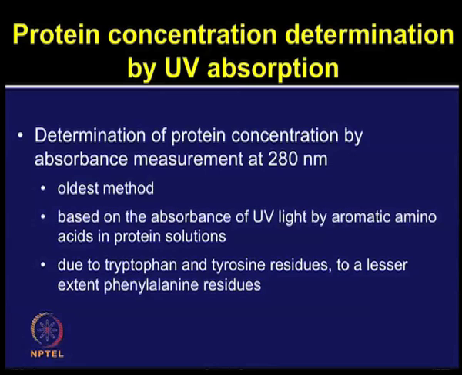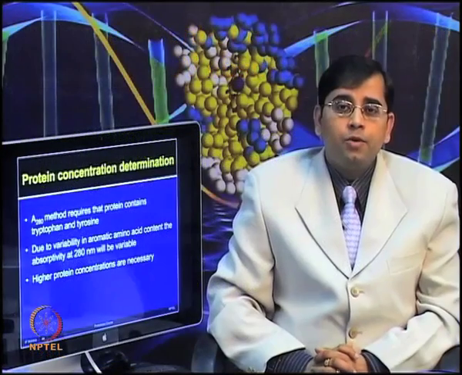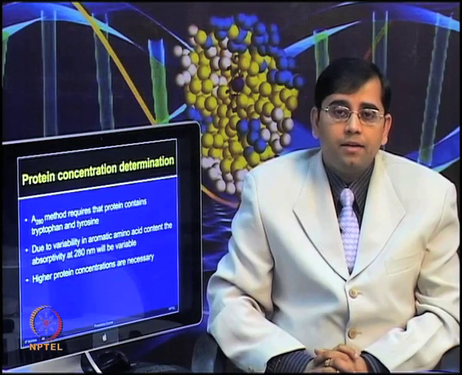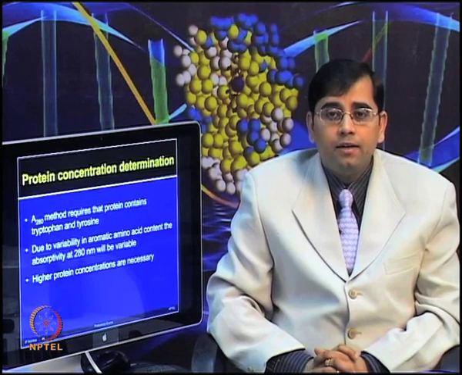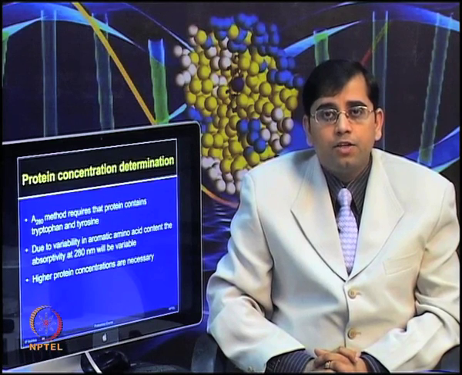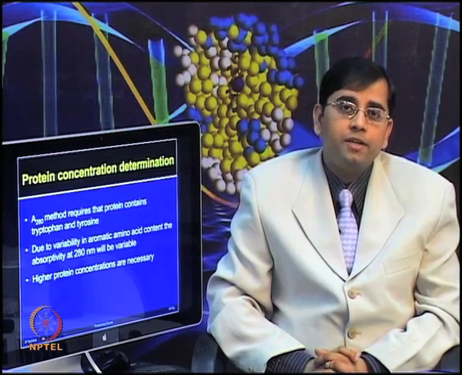Phenylalanine is also an aromatic amino acid, but to a lesser extent it is responsible for this absorbance. So, to determine the protein concentration, the A280 method requires that your protein contains tryptophan and tyrosine aromatic residues.